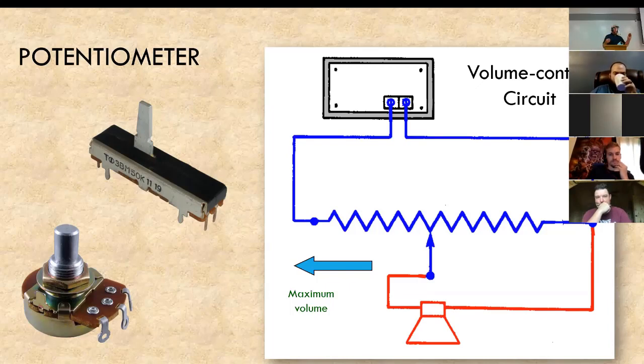But here, instead of controlling current, I'm creating different voltages as that voltage is divided. Now, we're going to talk more about voltage division in a little bit, but just understand that this is more to get a particular voltage than it is to get a particular current. Like I say, we'll examine the voltage division in more detail in just a little bit.